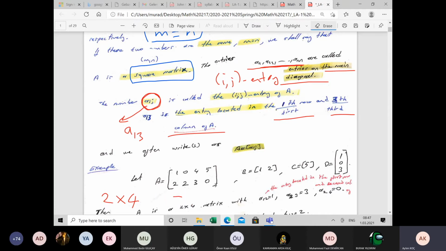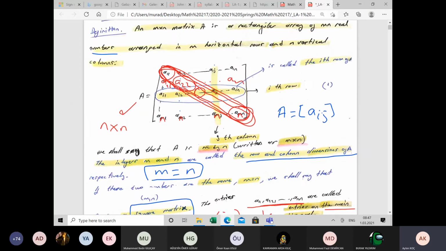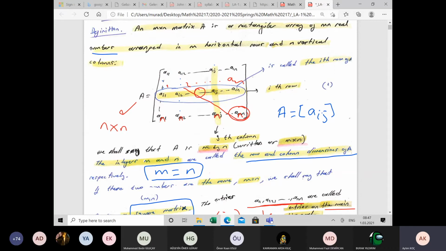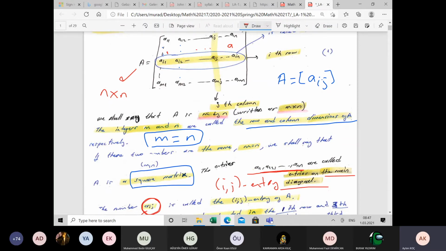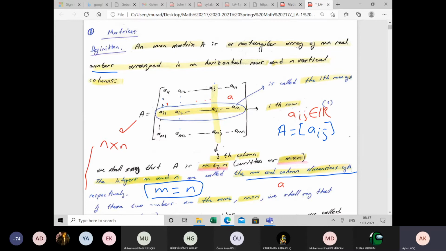Let's come back. The entries of matrix A can be real numbers or complex numbers. Let's write here: a sub ij in real numbers or complex numbers.